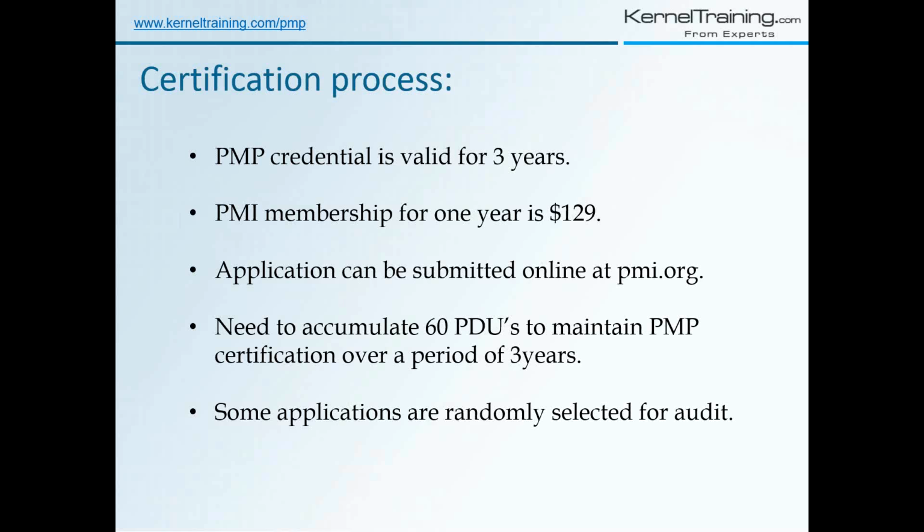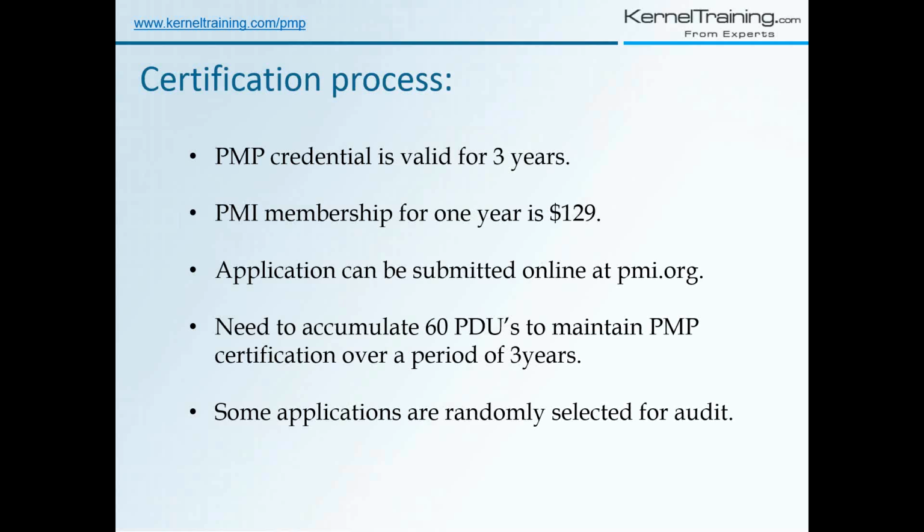Application. Once you download the application from the PMI site, you can fill up the form and then submit the application form online at pmi.org. And there's a complete process for application. As I said, you need to go through those eligibility criteria.